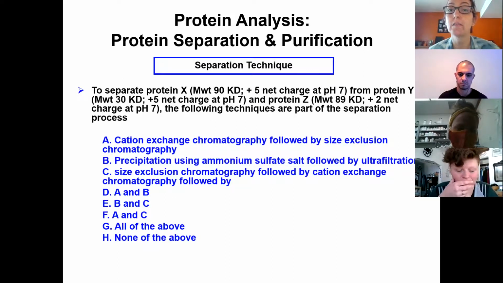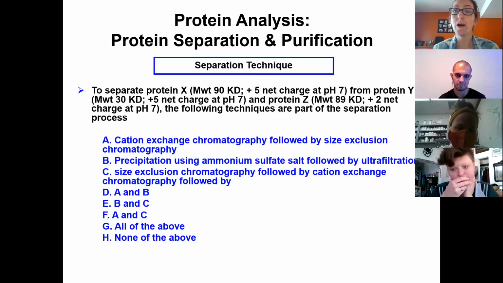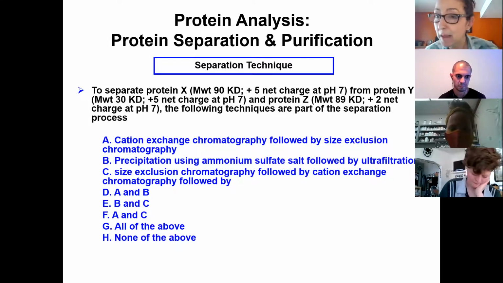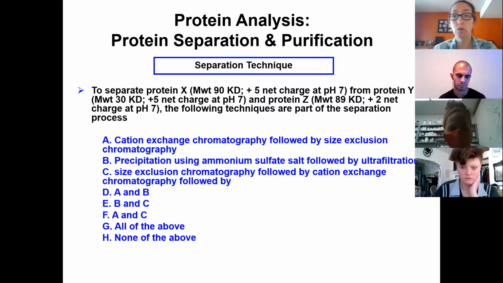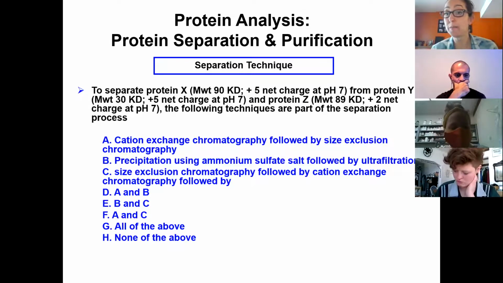So the correct answer is G. Why is it G? It doesn't really matter the order. If you want to do two-dimensional separation, in this case I gave you 2 characteristics: one is based on size and one is based on charge. So I want to do 2-dimensional separation.